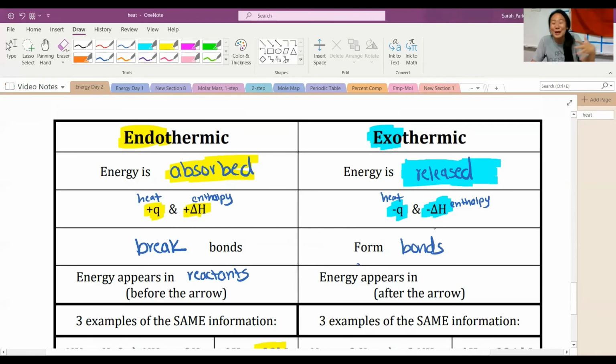Now you're trying to be nice and sharing, forming bonds, forming friendships. So you can release energy, release that tension. Energy is going to appear in the product section, which is after the arrow, because now what you're trying to say is, I don't need this energy anymore. So now it can go away. We can exit out. I don't need it anymore.